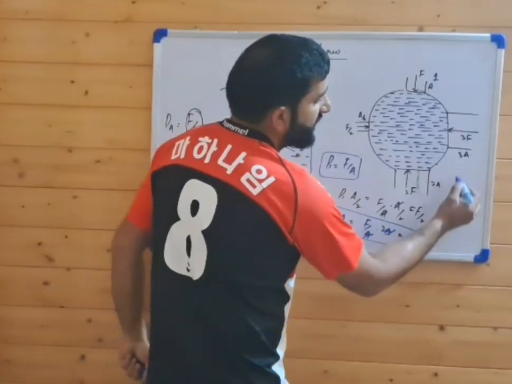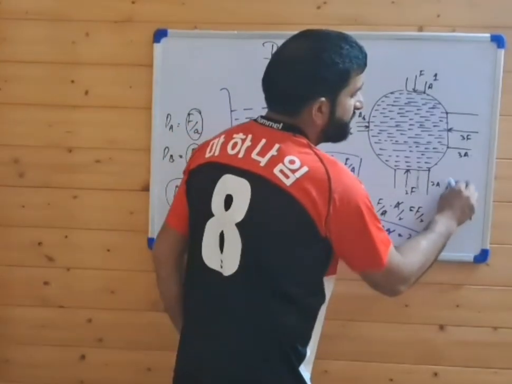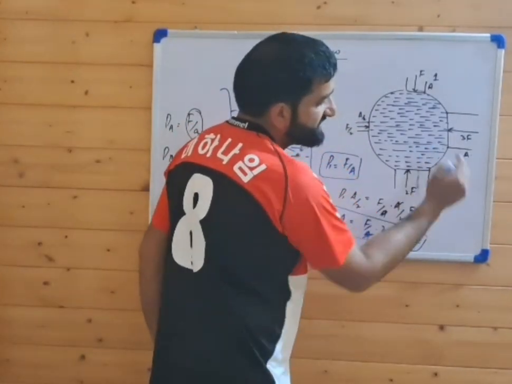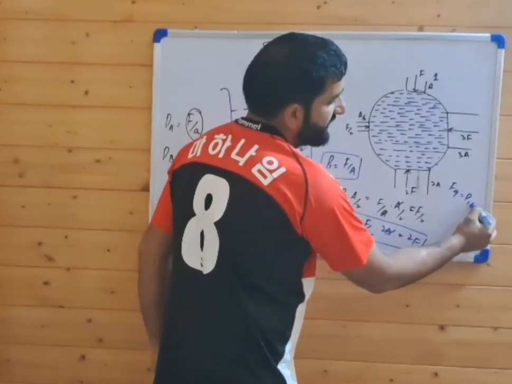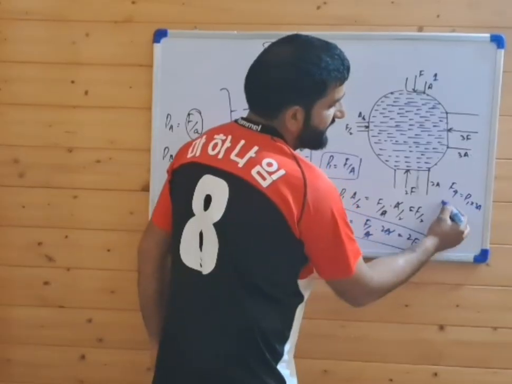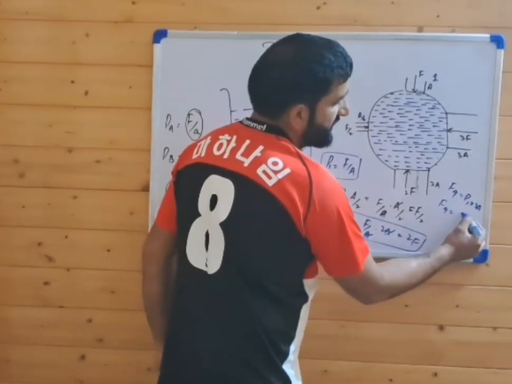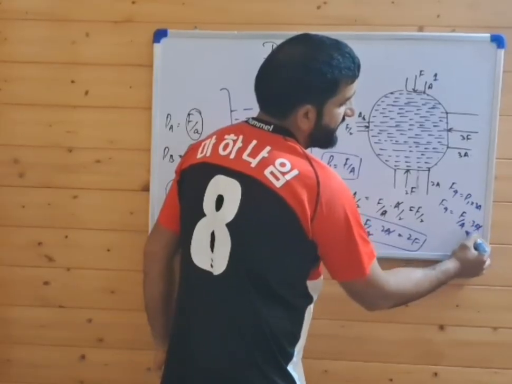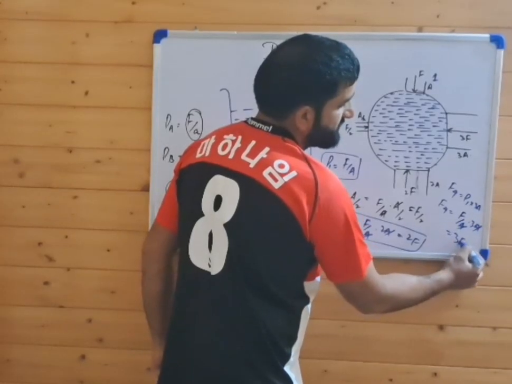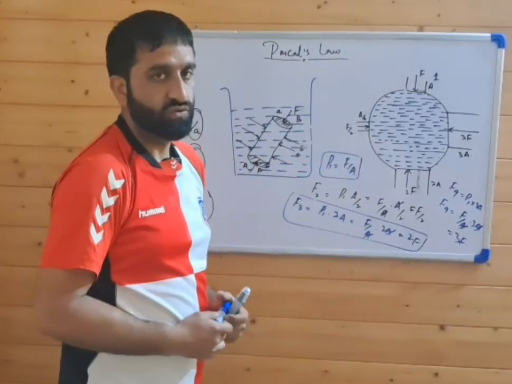The force by which we have to push this piston will be F4, equal to P1 into 3A. That is, F4 is equal to F divided by A into 3A. A and A cancel out, so it is equal to 3F.